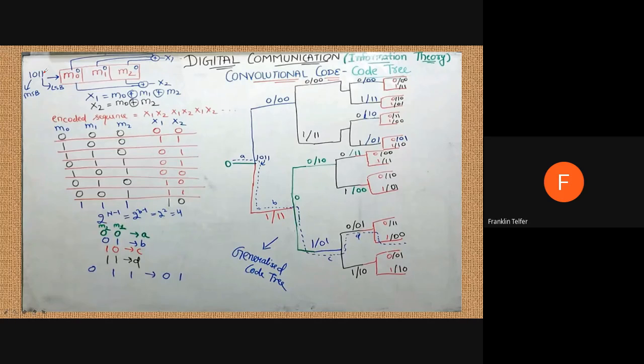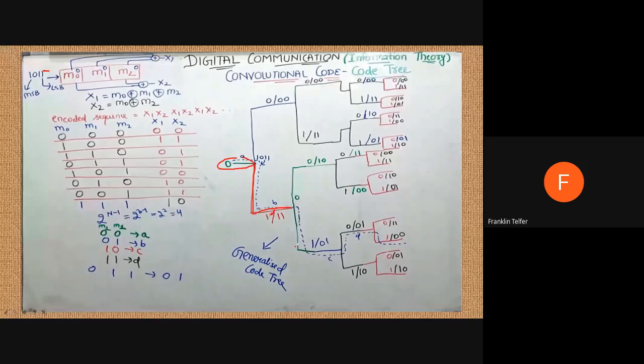Initially it will be 0, we start from here at 0. Next we have to decide which branch to go. See the input bit and compare with the message bit. Initially 0, so the next message bit will be 1, right? You have to see the input which is 1 here, so it lies here. So you can select this branch.